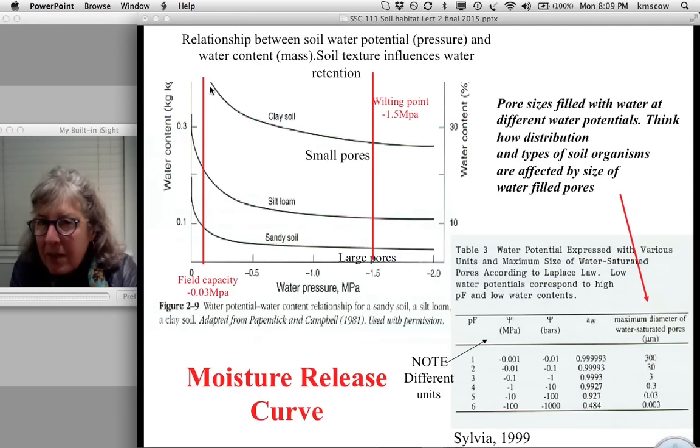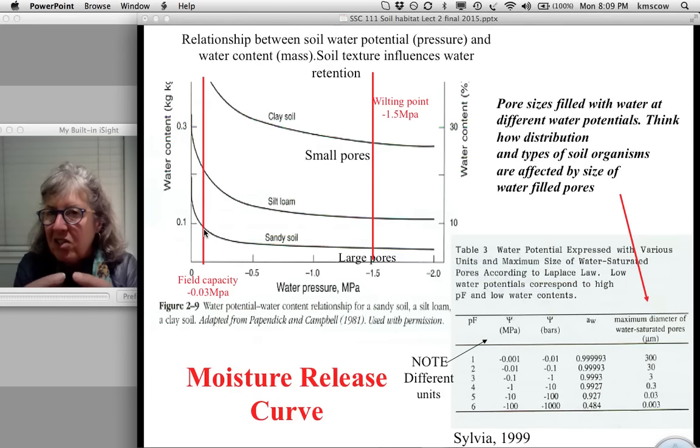Look at field capacity for a clay soil, it's almost like 40% moisture. Field capacity has tons of water in it compared to that sand that only has about 8% moisture in it at field capacity, at this best condition for plants to get water. And then as more and more pressure is applied to it, getting down to wilting point, look, there's still so much water left in that soil. It's only a little less than 30%.